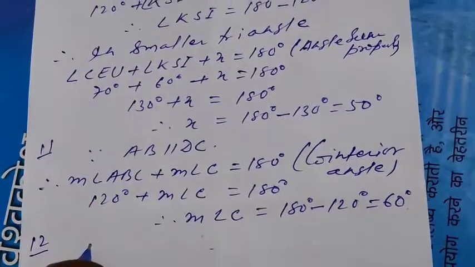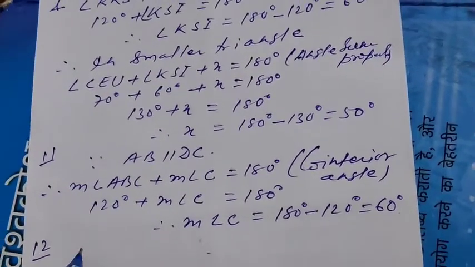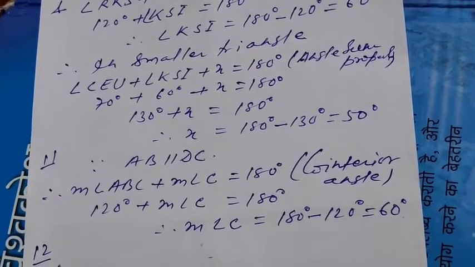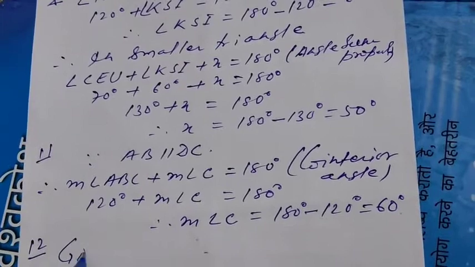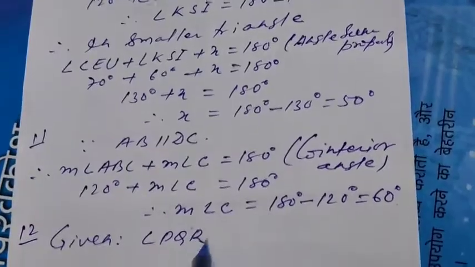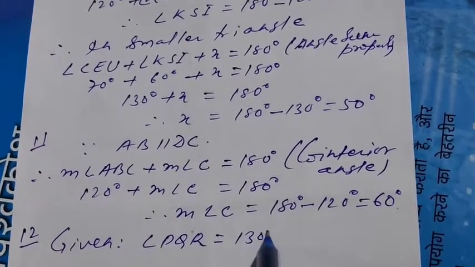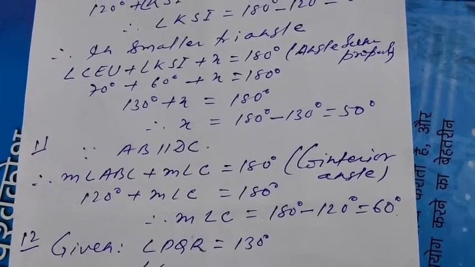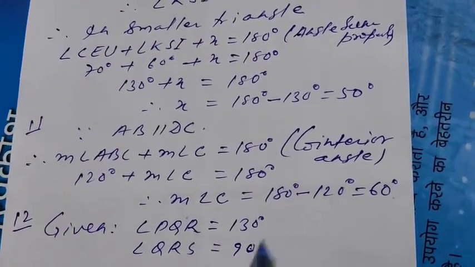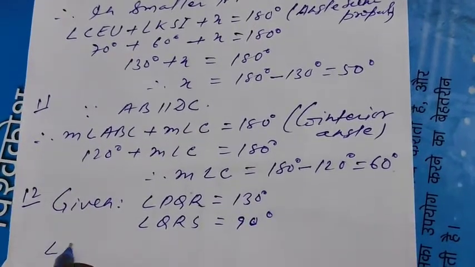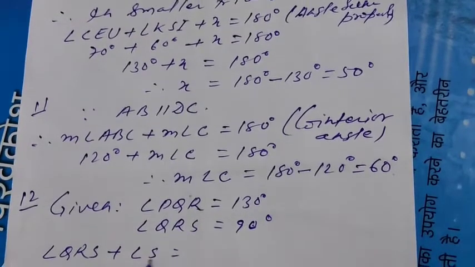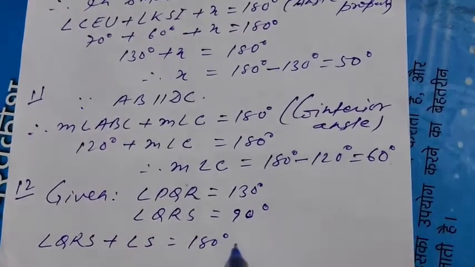In question number 12, find the measure of angle P and angle S if SP parallel RQ. Now it is given angle PQR equal to 130 degree, angle QRS equal to 90 degree. We know that angle QRS plus angle S equal to 180 degree, co-interior angle.